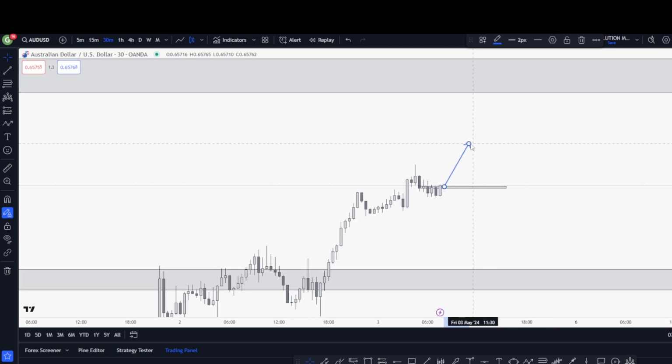And that could have us target this area for quick buys before we see price drop down to retest this area again before moving back again to the upside.